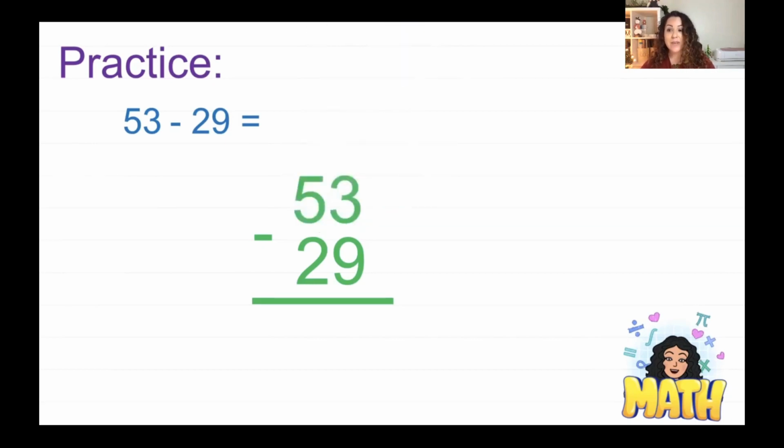So let's go ahead and unbundle that 5. Remember, if I unbundle, that means I no longer have 5 tens. That means that I have 4 tens in the tens place. Now that I unbundled that 10, I have 10 more ones. So 3 and 10 is 13. So now let's focus on our ones. What is 13 take away 9?